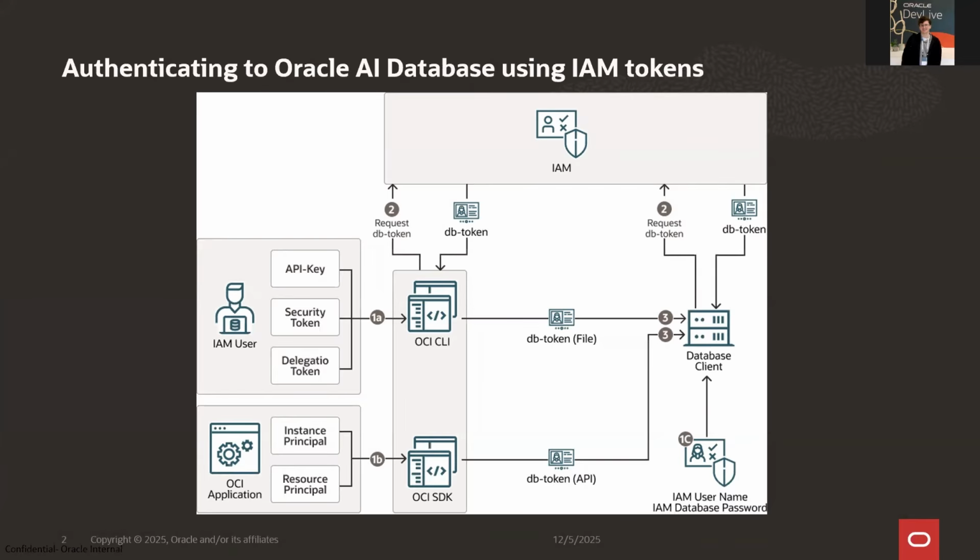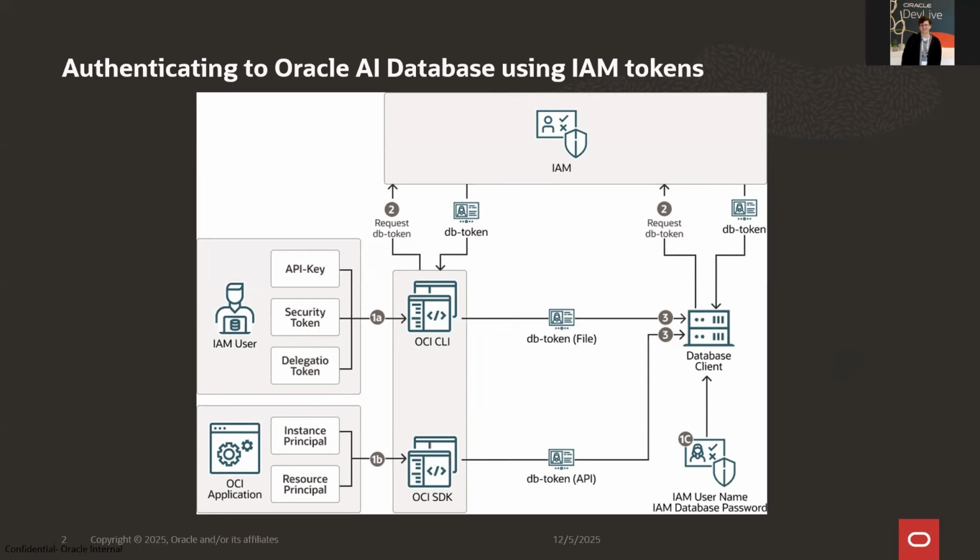For quite some time, you've been able to use IAM tokens to authenticate as a database user. For instance, on the left-hand side, we see we have this IAM user. Typically, you would use some sort of API key or long-lived credential to authenticate yourself as that user.